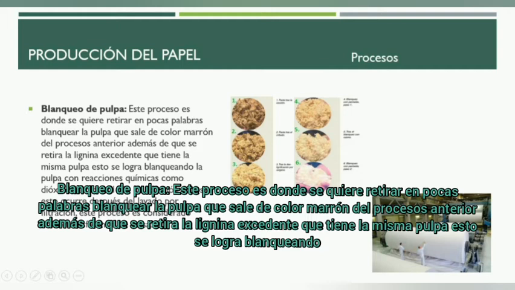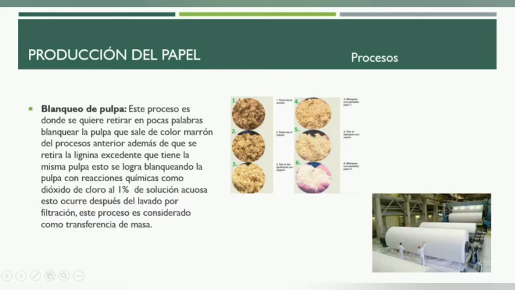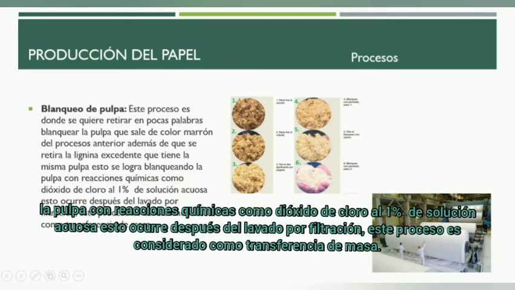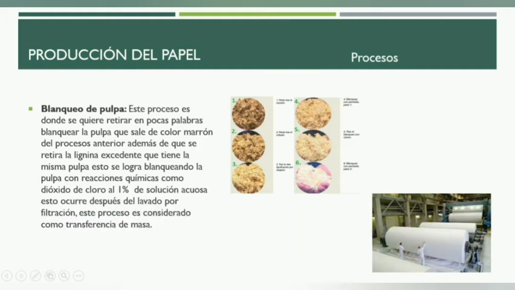This is achieved by bleaching the pulp with chemical reactions like chlorine dioxide in a 1% aqueous solution. This happens after washing and filtration. This process is considered a mass transfer.